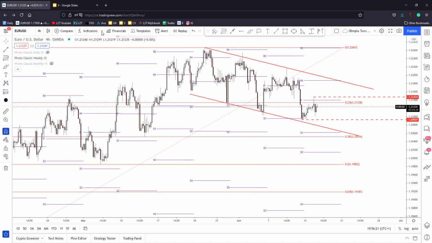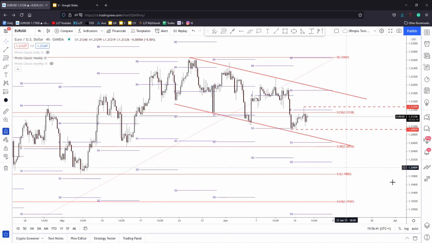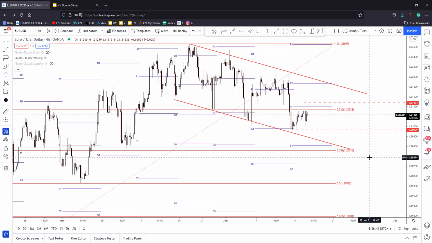Or any other indicators which will maybe help you to identify, I don't know, stochastic, relative strength index, RSI, MACD, or something else to identify maybe oversold situations, overbought situations. So it's not easy to trade only based on the pivot points. I've told you that personally I'm using them only as potential targets.